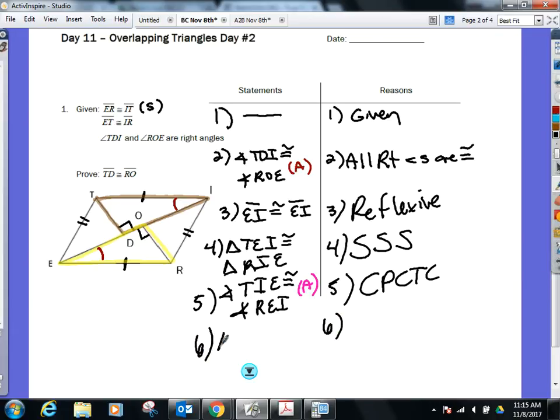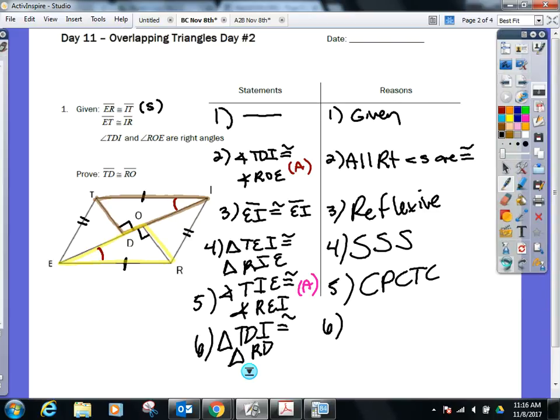So now triangle, let's see, TDI? And again, make sure your corresponding parts match up. So if I go TDI, I have to go RDE. Oh, I did that again, the second time today. Can't tell where the D and the O intersect here.